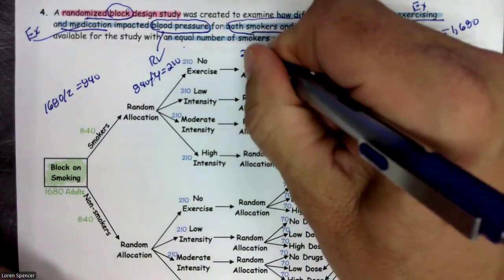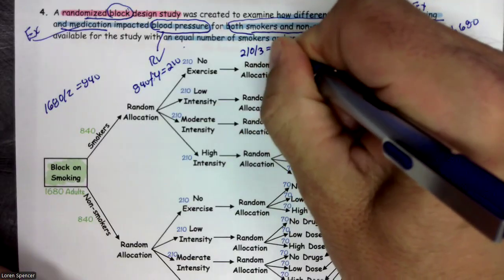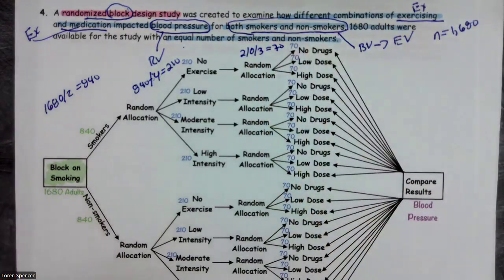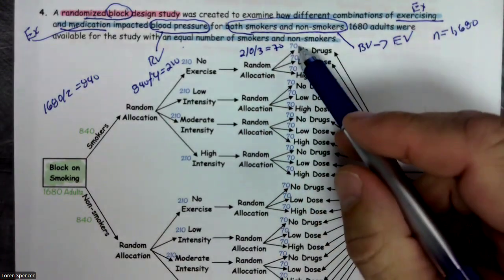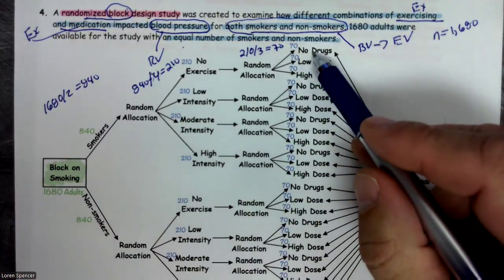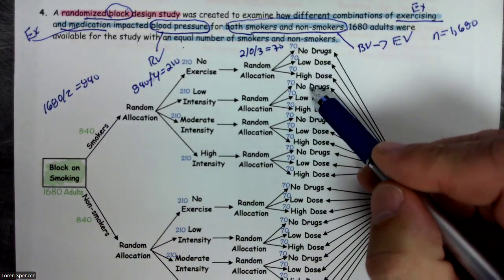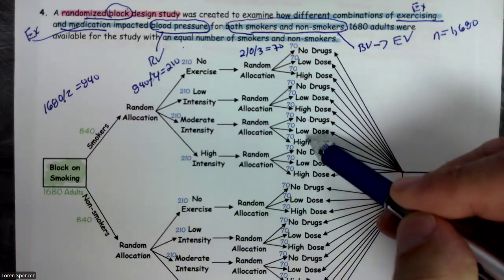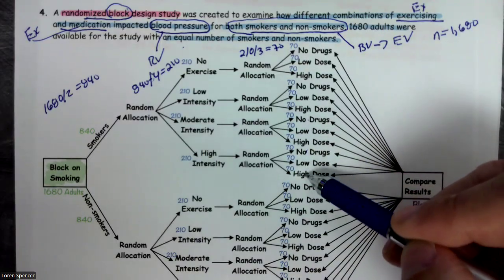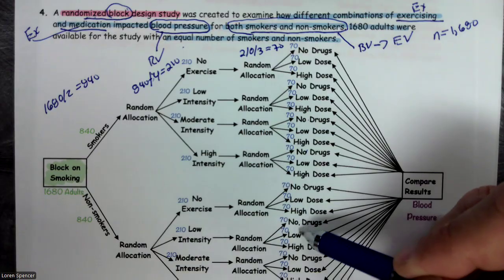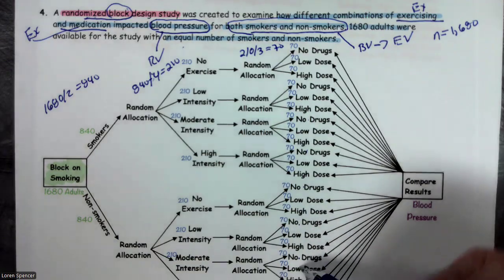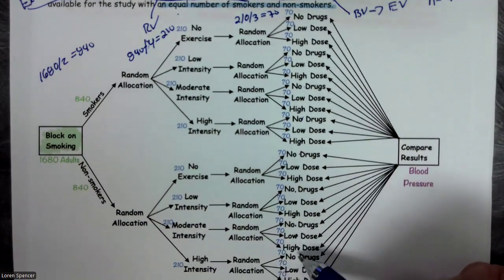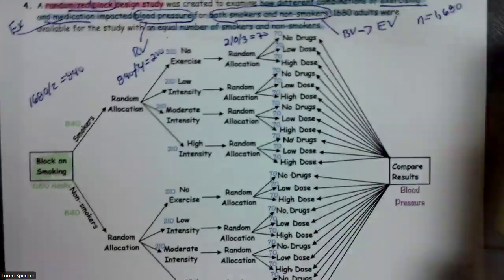So 210 divided by 3 equals 70. Now, we ended up with 70 in each treatment group, and let's count this up: 1, 2, 3, up to 24.